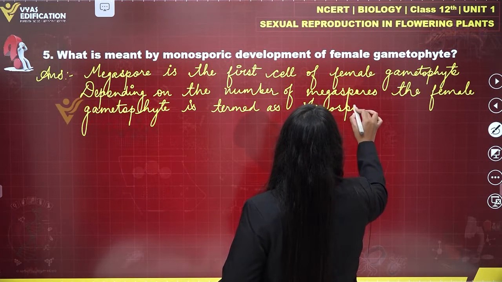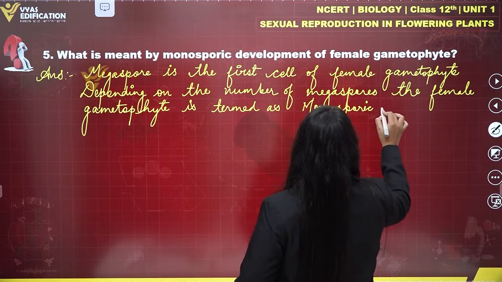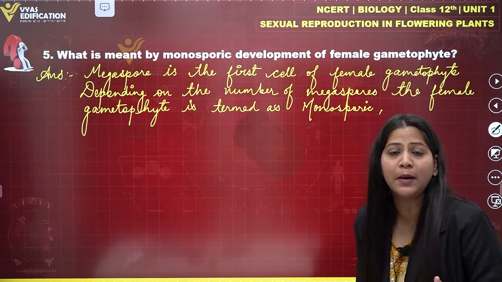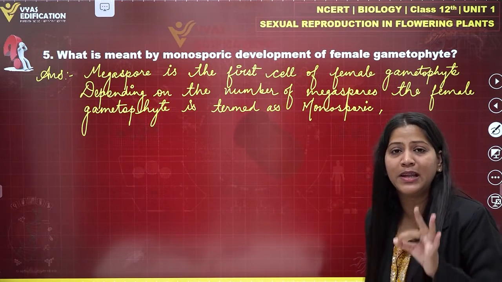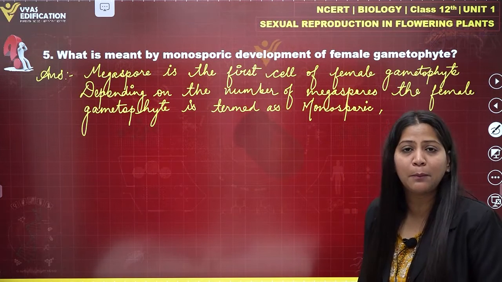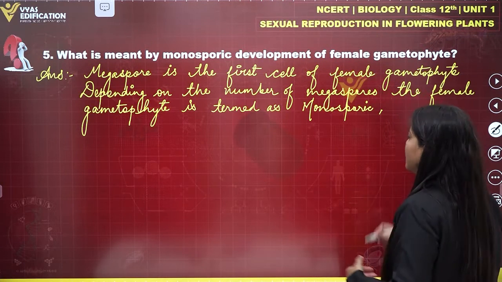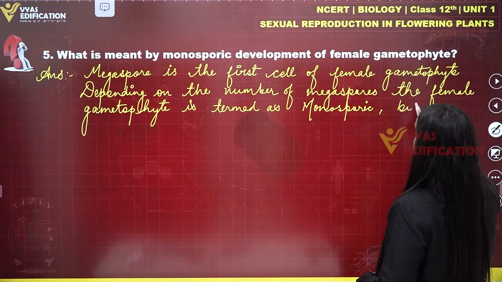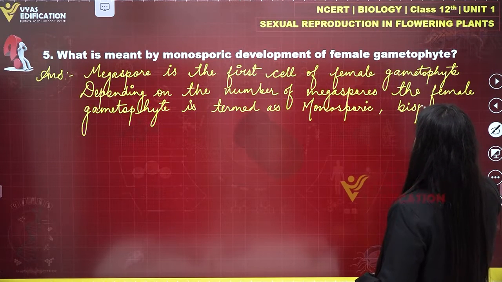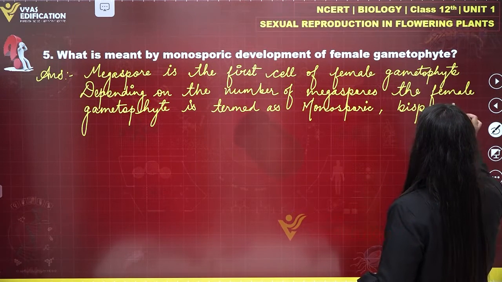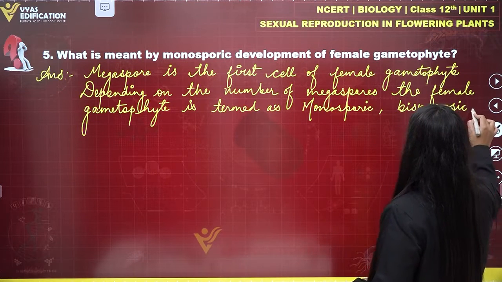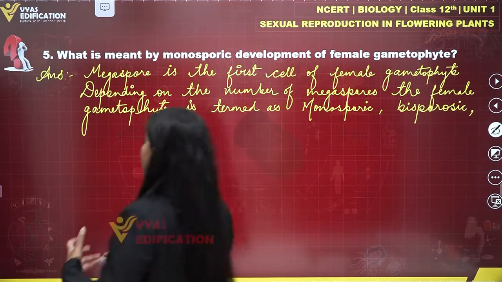If the whole female gametophyte is developing from one megaspore, then it could be named as monosporic development of female gametophyte. It could be bisporic if it is developing from 2 megaspores, and it can be tetrasporic.